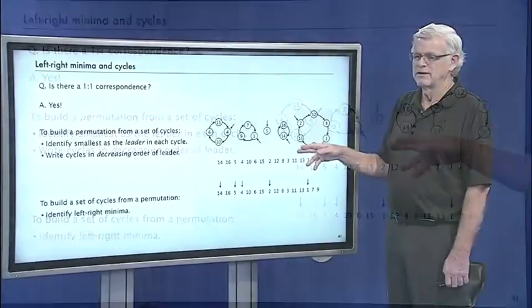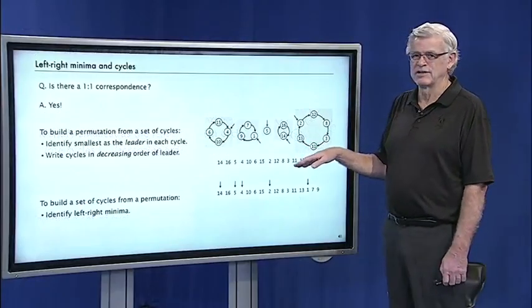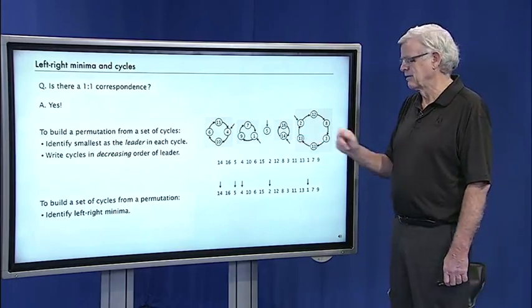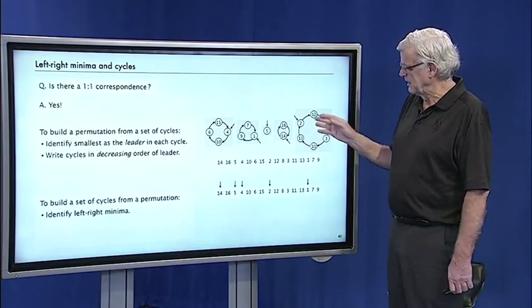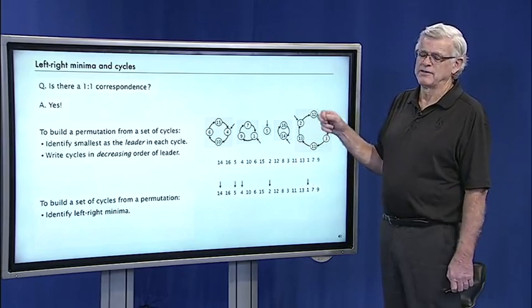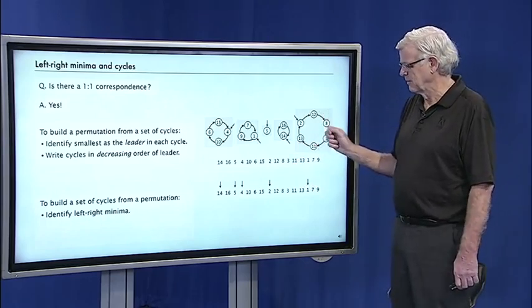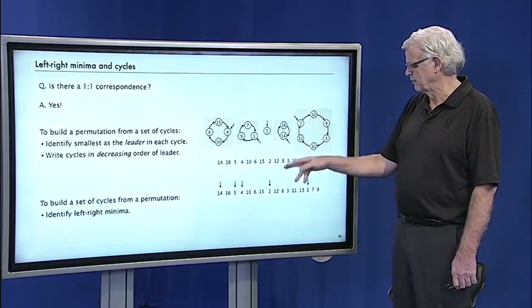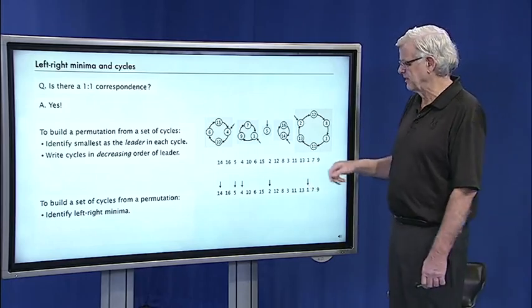Remember, we picked the leader as the smallest in the cycle, and then we wrote them down in decreasing order of the leaders. So between each leader, say between 4 and 2, everybody on the same cycle as 4 is bigger. And as soon as we get to somebody that's smaller than 4, that's the leader of the next cycle.